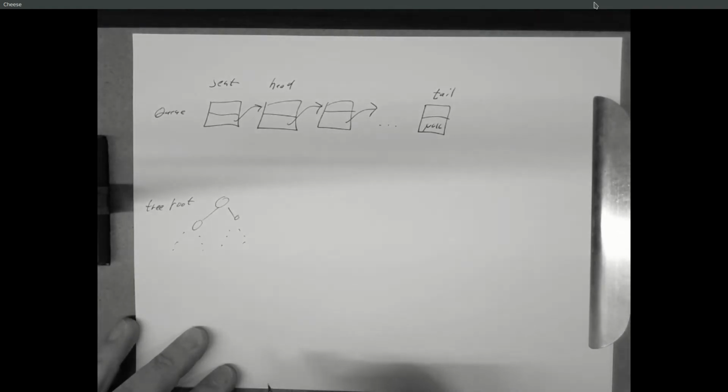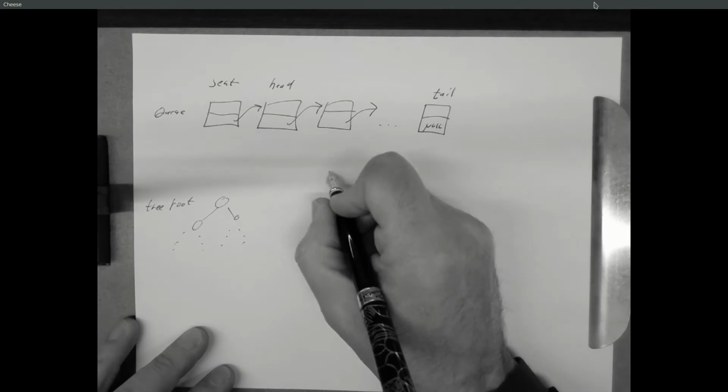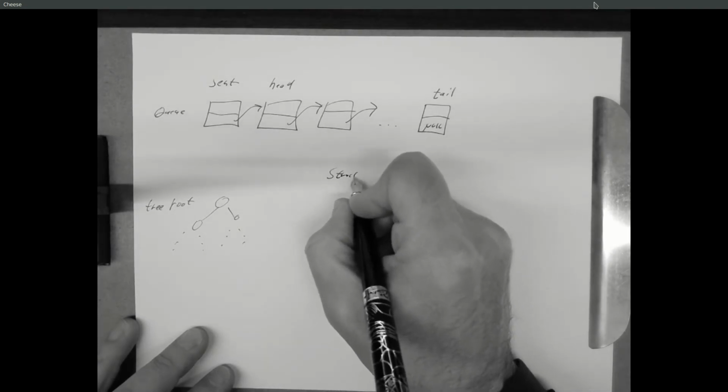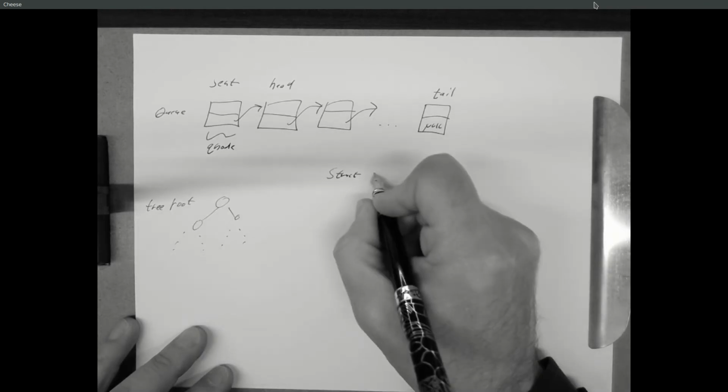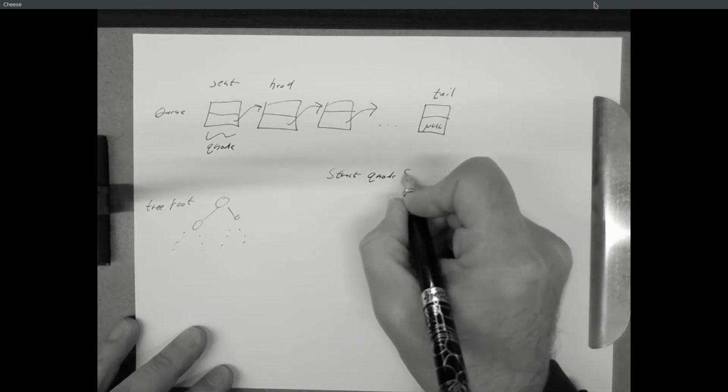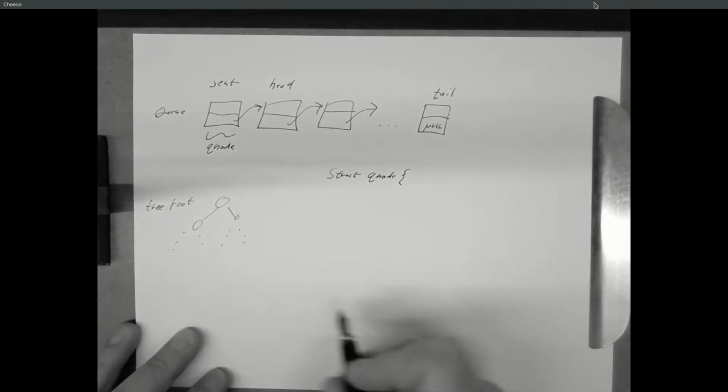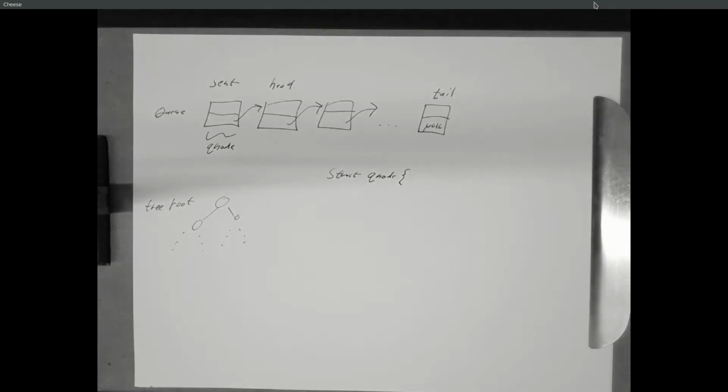So let's look at your linked list. I'm going to have a struct, and I'm going to call these things queue nodes. So struct queue node. And what we're storing in the data piece of this queue is not a number, it's not an integer. Because if we store an integer and we remove that integer from the queue, we can't look at the left and right subchild of that integer.